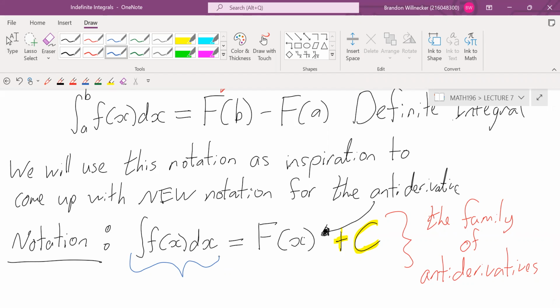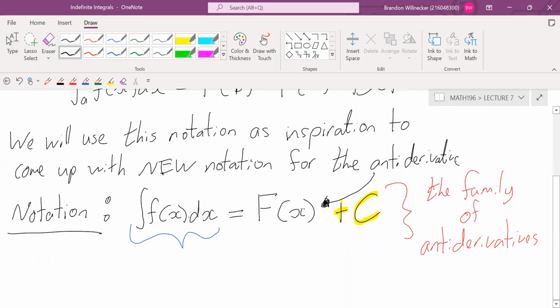But we will see as we go through, this notation is very helpful when we are solving integrals. There's some properties involved that makes it quite useful. So this thing on the left just represents the antiderivative like we've seen before.